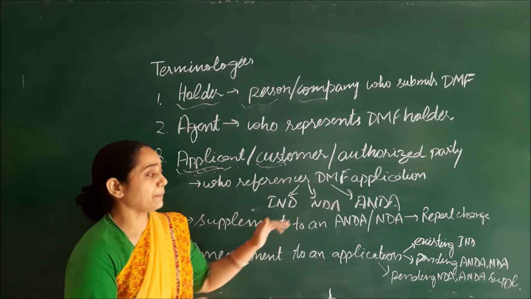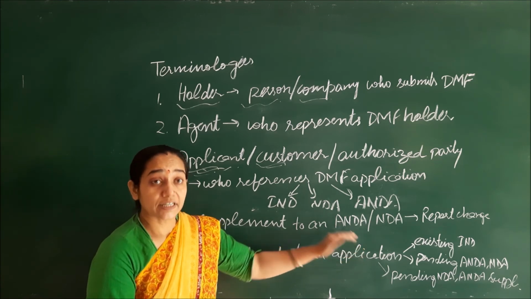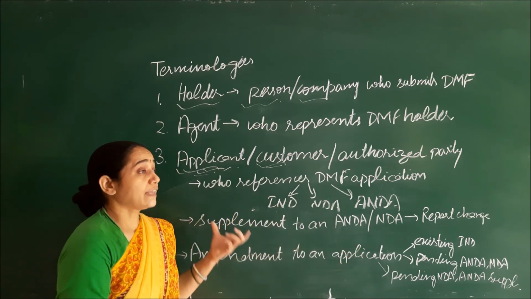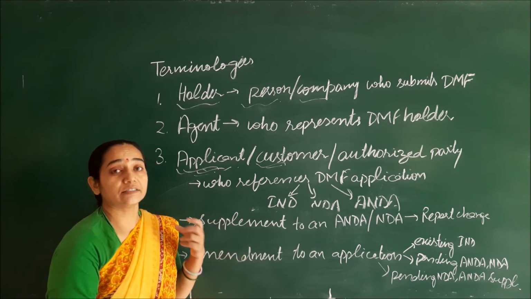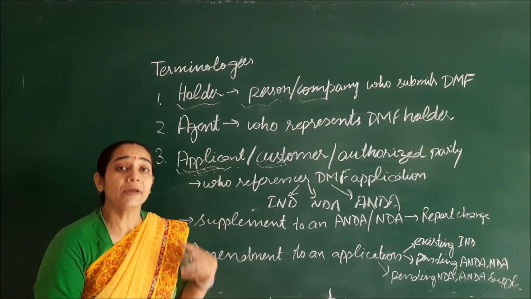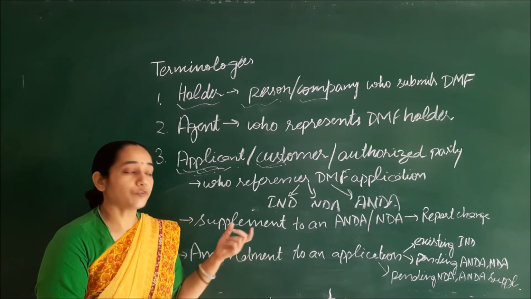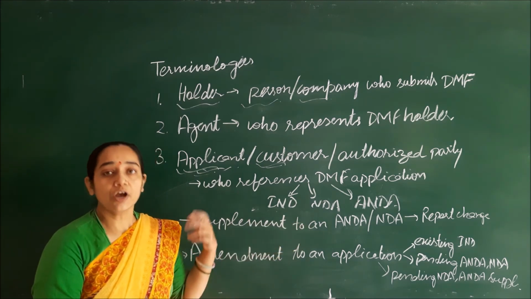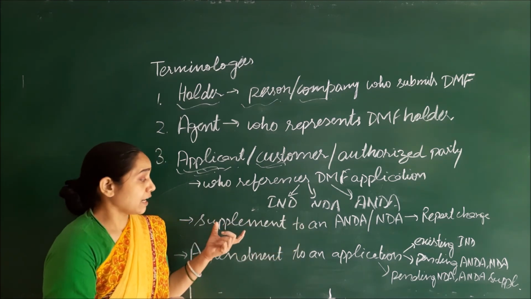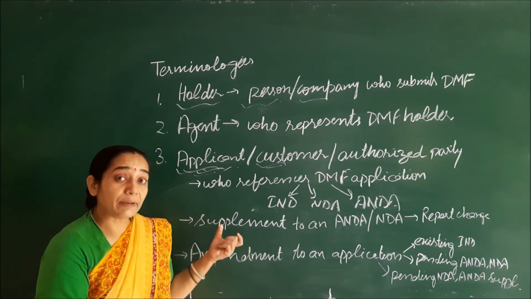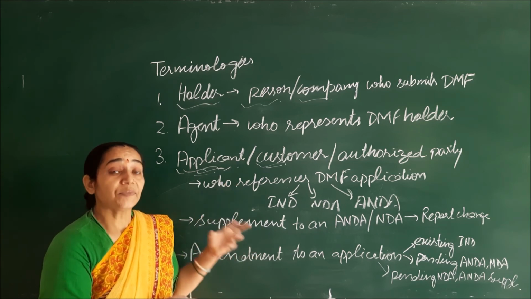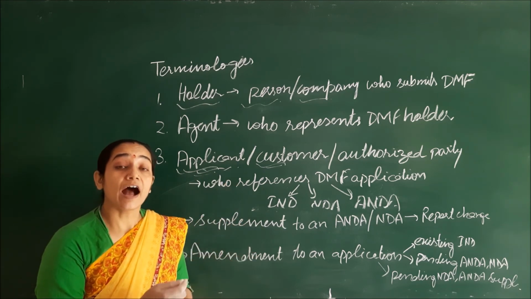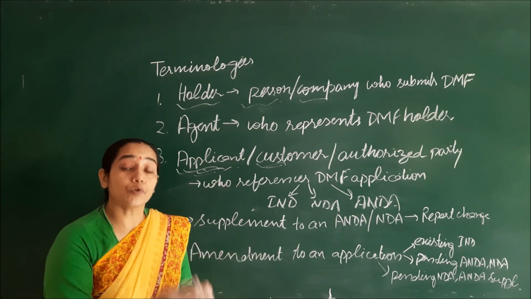Next is the supplement. There is the terminology that this DMF is the supplement. Basically this supplement means I have a pharmaceutical firm and I have applied for the abbreviated new drug application or the new drug application, then a query has come from the authority and now I have to supplement, I have to provide the information for that query.